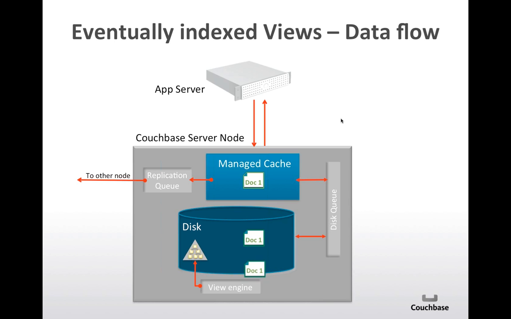Once it gets persisted to the disk, it gets picked up by the view engine, and the index gets updated. So as you saw, the document doc1 got updated in the index. Because there is a delay between writing it to the managed cache and then writing to the disk queue and the disk, the queries are eventually consistent.